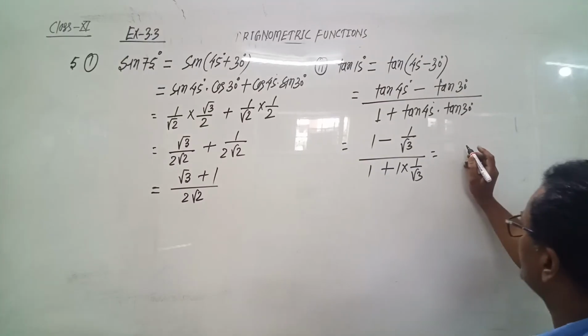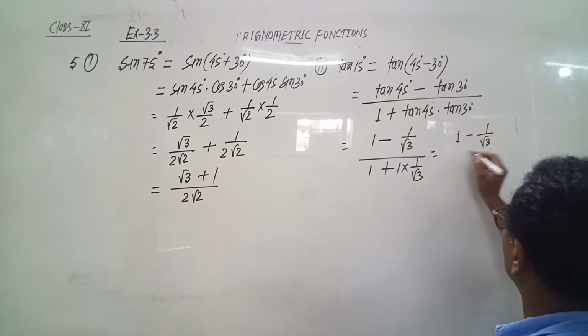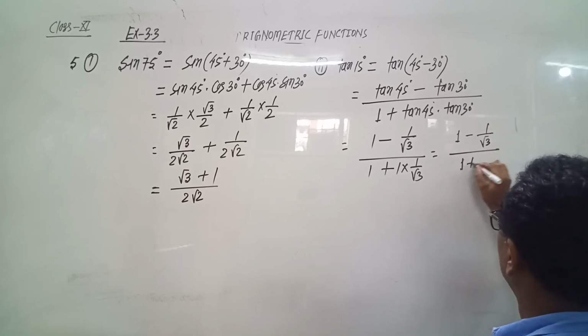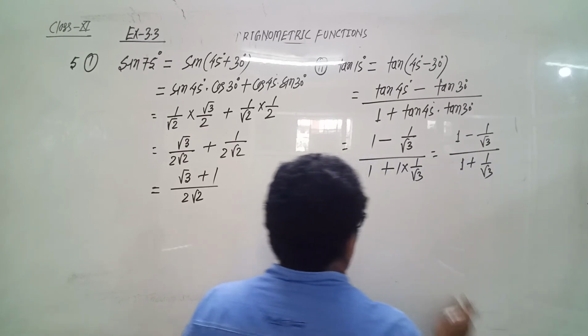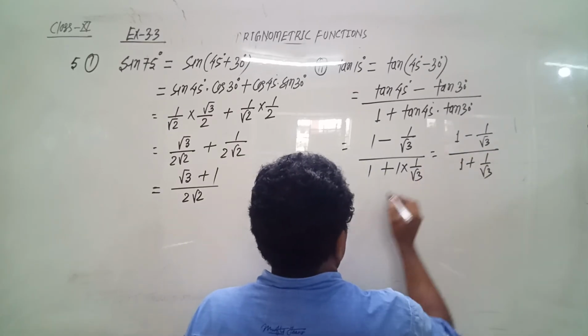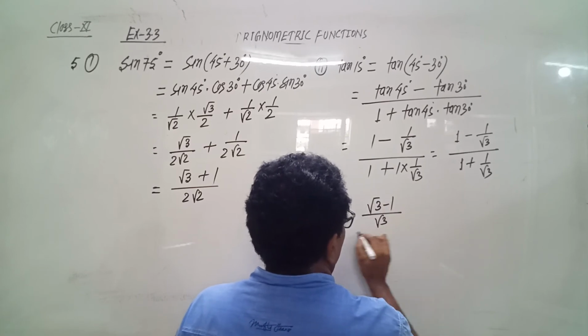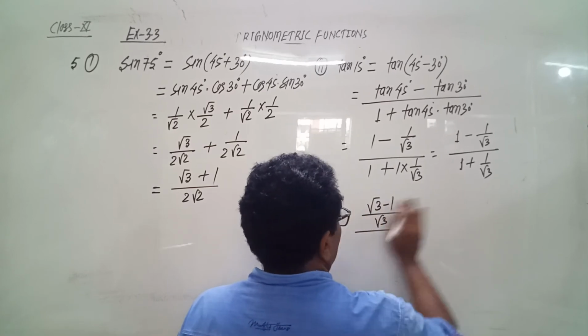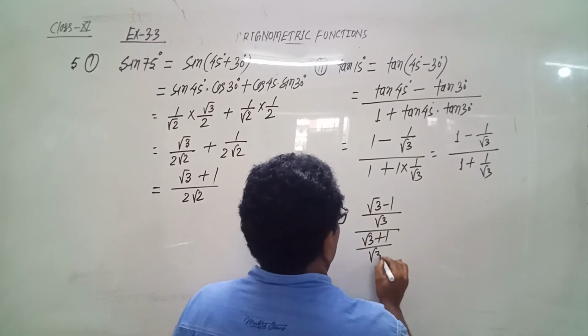So we get (1 minus 1 by root 3) upon (1 plus 1 by root 3). Then we take LCM. Root 3 is the LCM. So (root 3 minus 1) upon root 3, and again root 3 is LCM, so (root 3 plus 1) upon root 3.